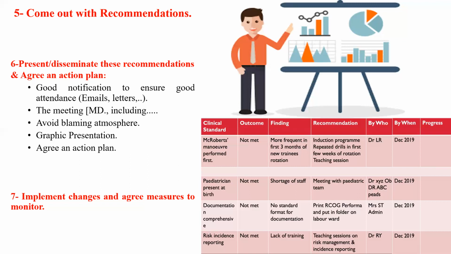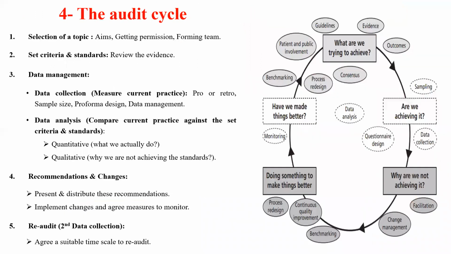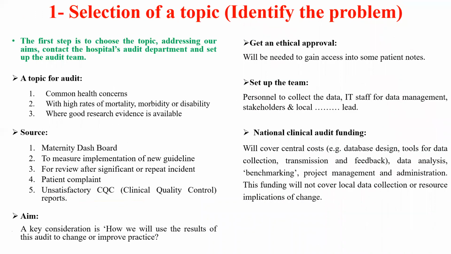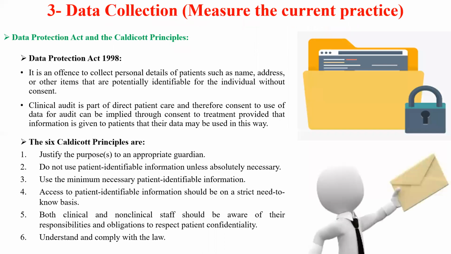So till now, in the cycle of the audit, number one, you have to choose your topic, selection of the topic or identification of the problem. Then you have to set criteria and standards. And we know now what is the difference between criteria and standards and what's benchmarking.